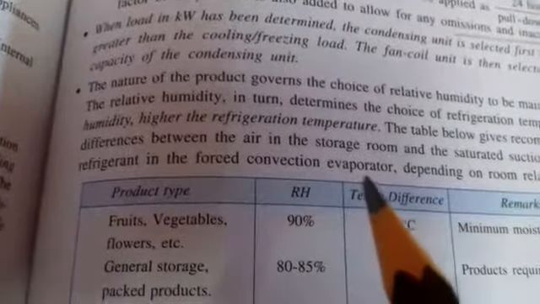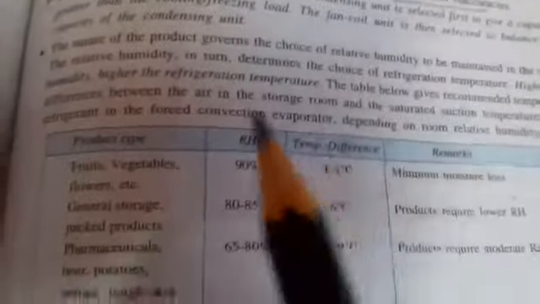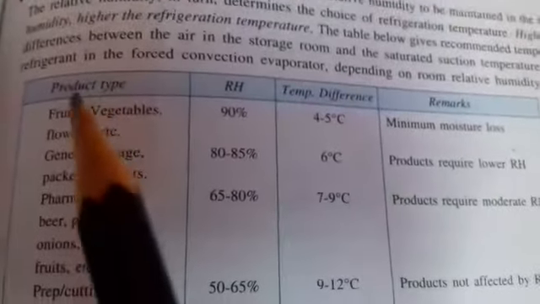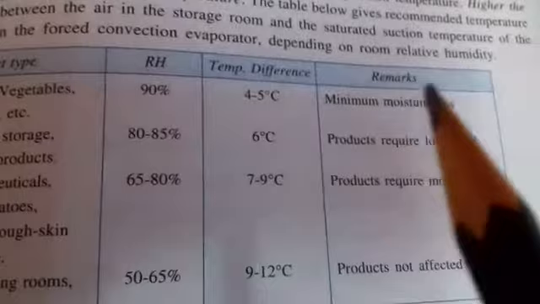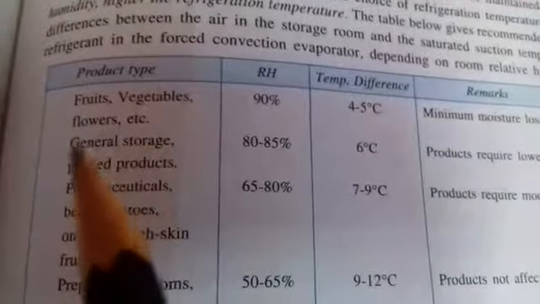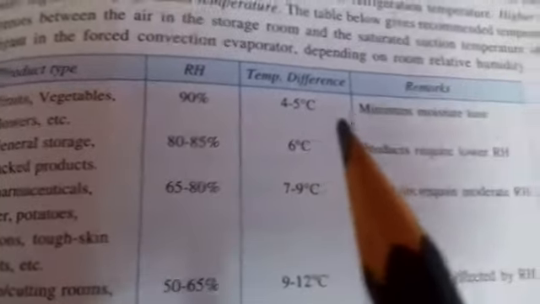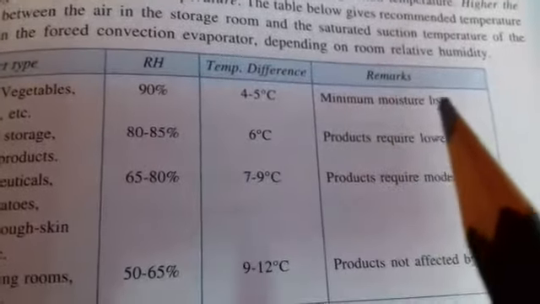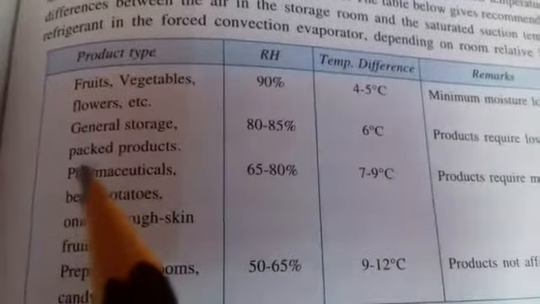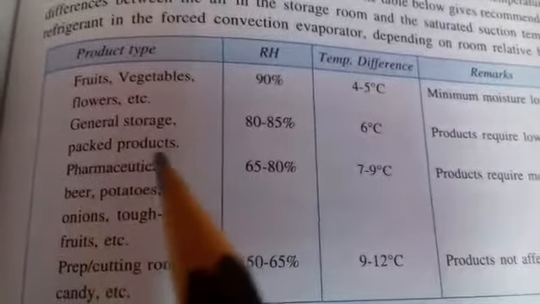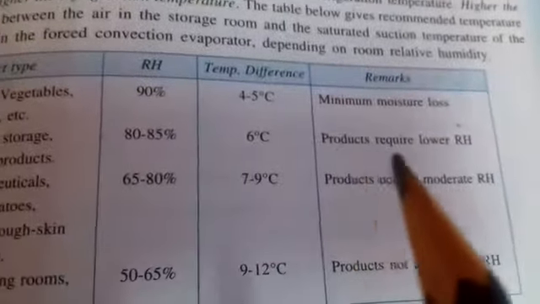First, 90% RH, temperature difference 4 to 5 degrees centigrade, moisture loss should be minimum. Then general storage packed product, 80 to 85% RH, temperature difference 6 degrees, products require lower RH. Then pharmaceutical, beer, potatoes, onion, tough skin fruits, 65 to 80% RH, and temperature difference 7 to 9 degrees.